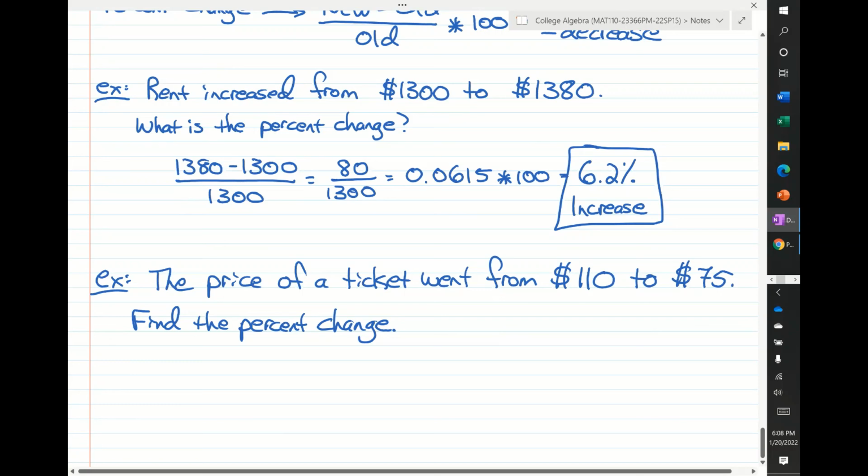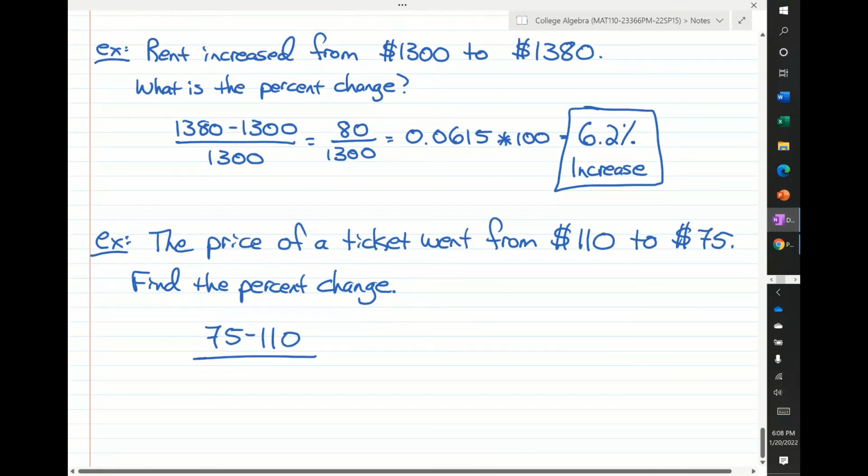What would be considered the new price? 75 minus the old. What are we putting it over? Which is what? 110, right? So let's just do one piece at a time.